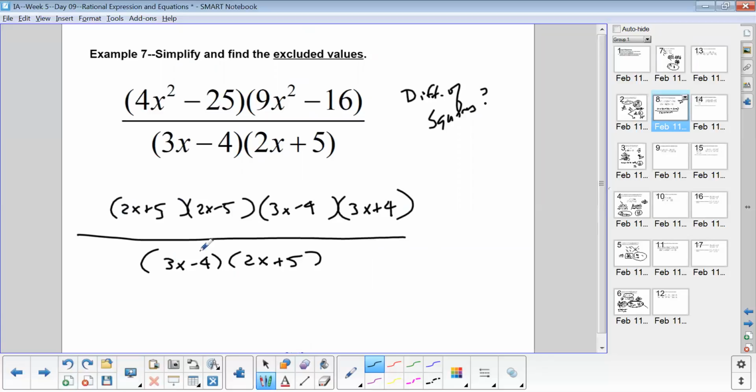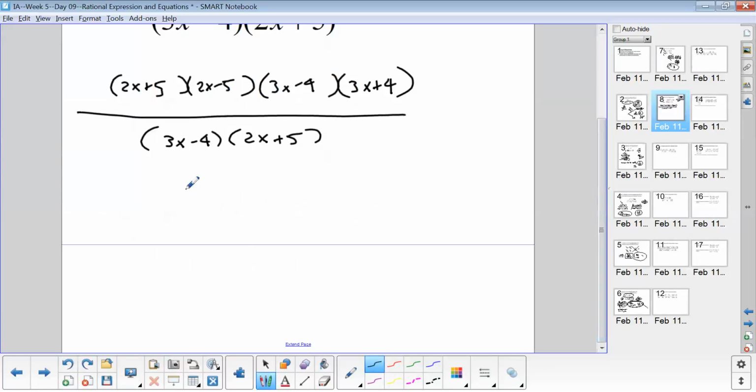So before we start dividing out, we want to see what our excluded values would be. So if I take this expression, very similar to what we did finding solutions first during the first exam, we set them equal to 0 and we solve. So 3x would be 4, x would be 4/3.